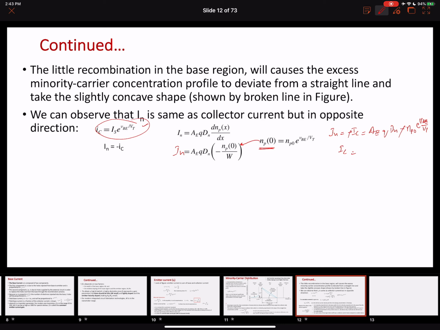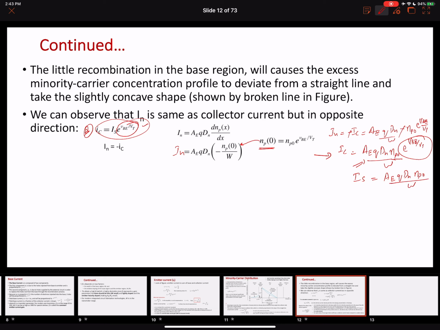So IC equals AE Q DN NP0 e^(VBE over VT), and I think I forgot the W here, so over W. If I compare this equation with the earlier one, I can see that e^(VBE over VT) is the same. So this factor is the scaling current or saturation current: IS equals AE Q DN NP0 over W.